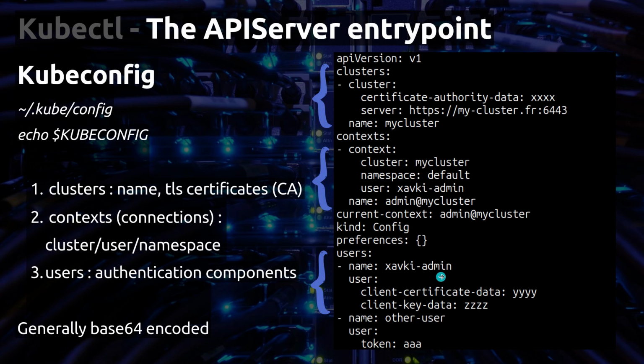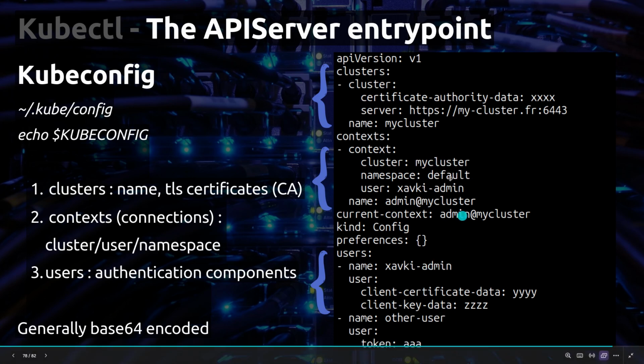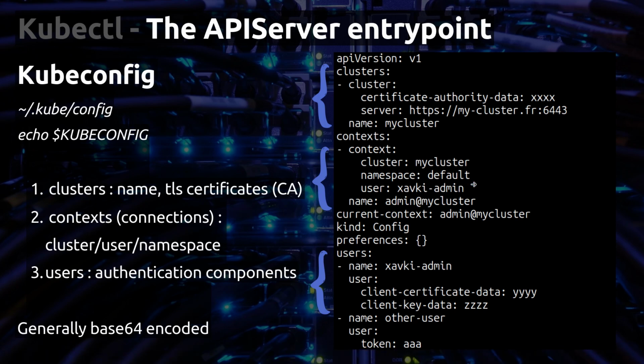The user is just a reference to which user we use in the users list. Of course we need to have the right user to be connected to the final Kubernetes cluster through the API server. If you use another user not defined in the Kubernetes cluster, that doesn't work, of course. And we have the namespace, but it's not really important, while cluster and user are really important, and the name of the context.